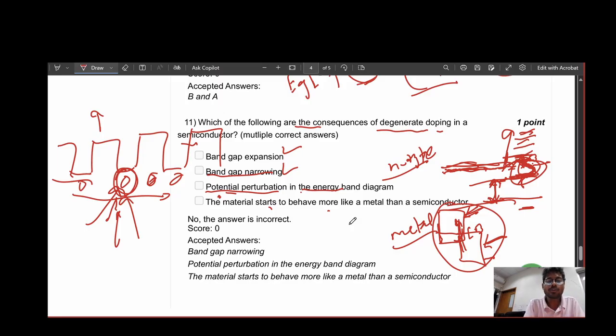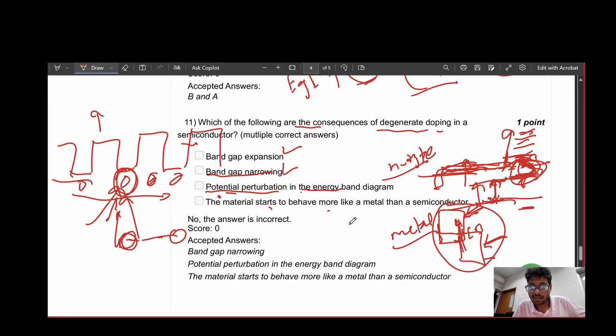If you dope more, these atoms start interacting with each other because they are in close proximity, and they will make their own band. That band will overlap with the conduction band. So that is the band narrowing, and it is distorting this band diagram. That's it.